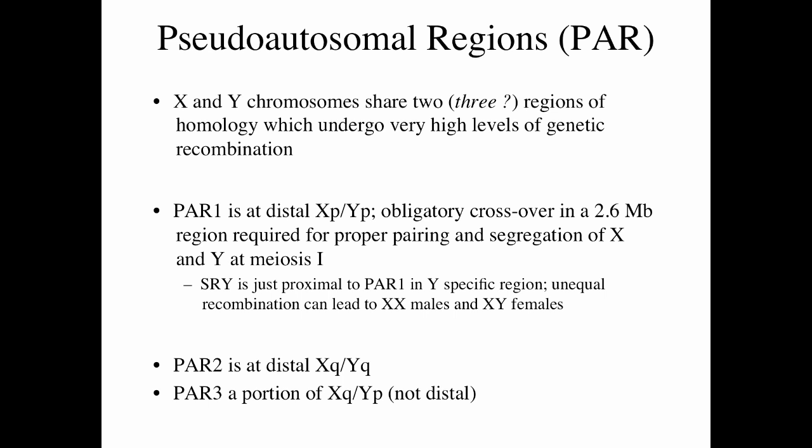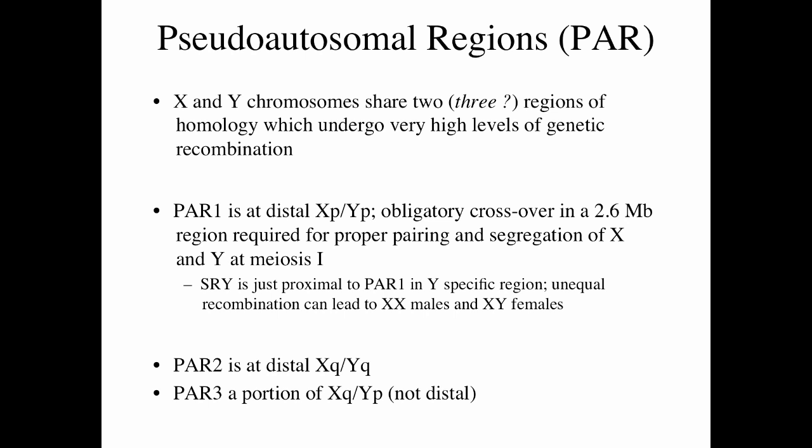So the X and Y chromosome have to pair during meiosis 1 so they can segregate. Now there's a pseudoautosomal region 1 that's at the distal end of the X and Y chromosome on the short arms. There's an obligatory crossover point in a 2.6 megabase region that's required for proper segregation of X and Y.